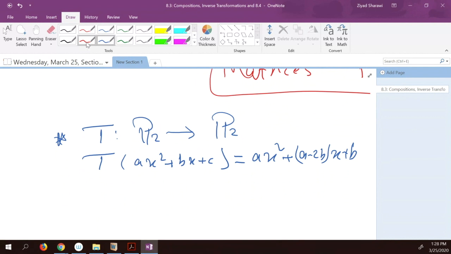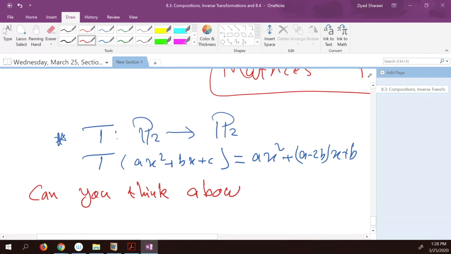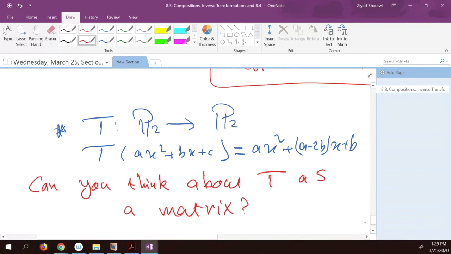Now, my question to you: can you think about T as a matrix? This linear transformation, can we think about it as a matrix?